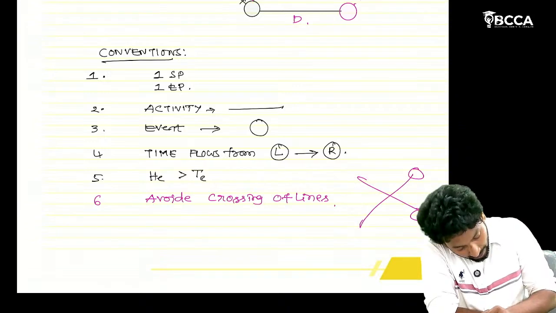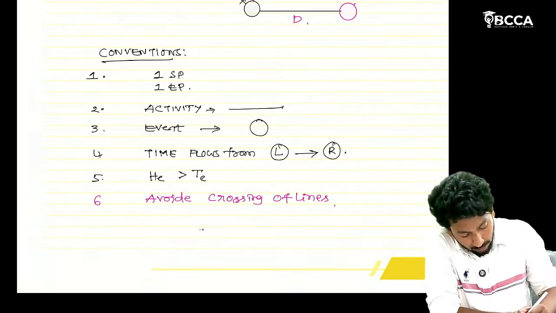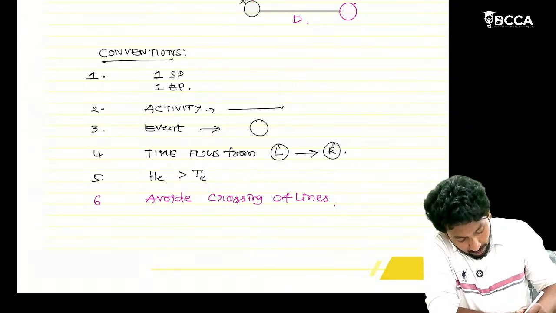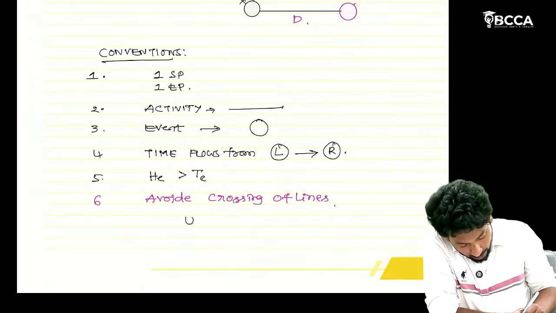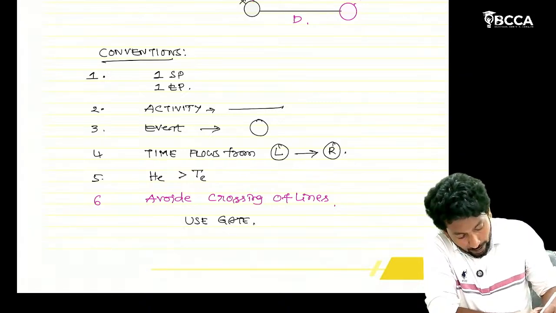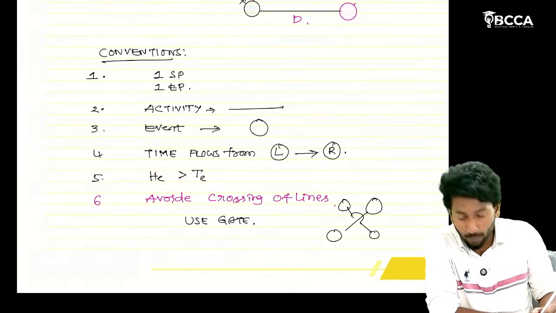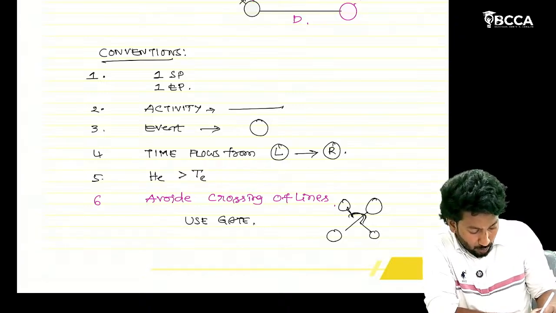If needed, what do we have to use, sir? Gates. If needed, use a gate, to divide the lines as much as possible. At the crossing point, you do some jump like this.